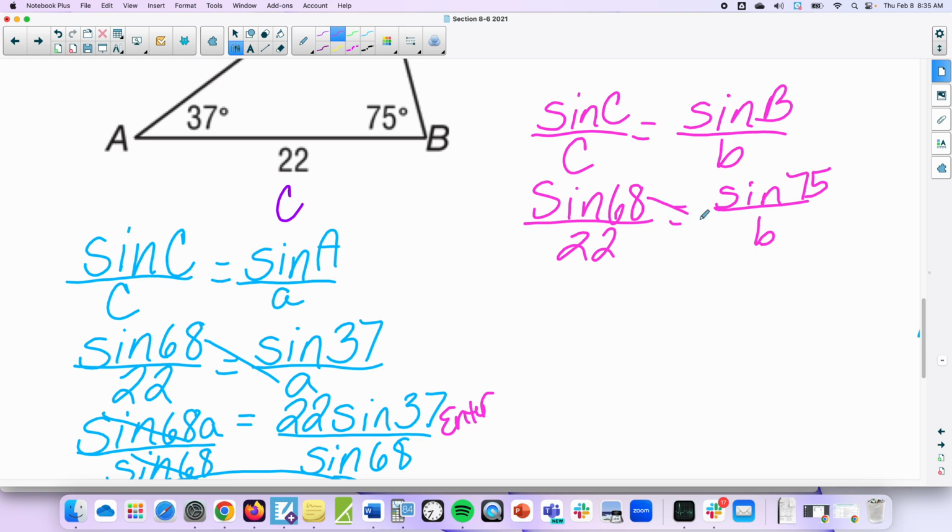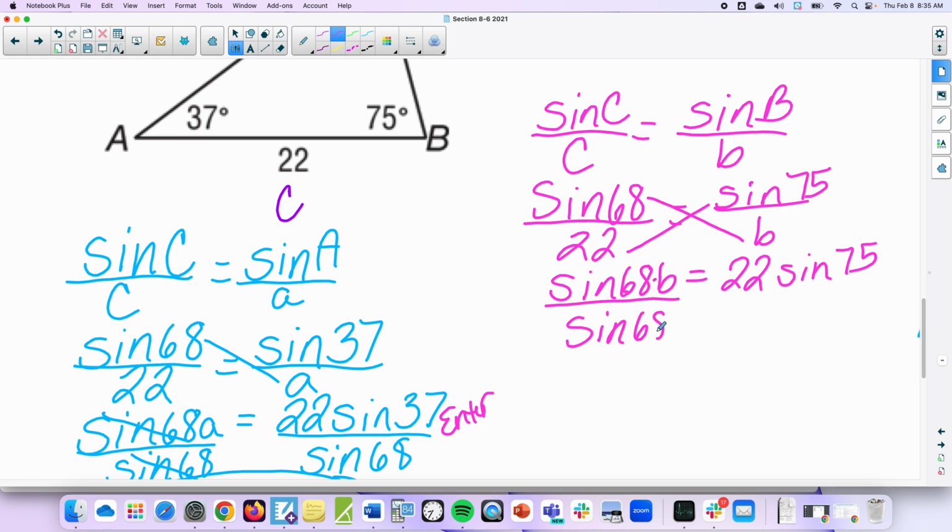Okay, then I would cross multiply and I'd go sine 68 b equals 22 sine of 75. This is multiplied, so I divide by sine of 68. And so I would hit enter right here. So I would go 22 sine 75 enter divided by sine of 68.